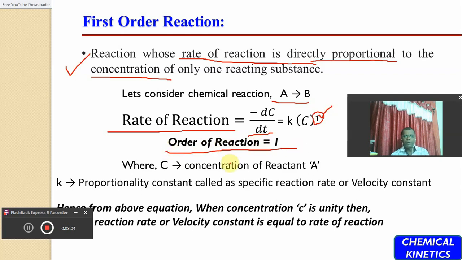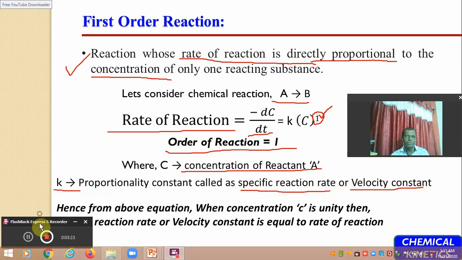That's why here the order of reaction is equal to 1. Here C is the concentration of reactant A and K is the proportionality constant, which is called the specific reaction rate, or also the velocity constant.